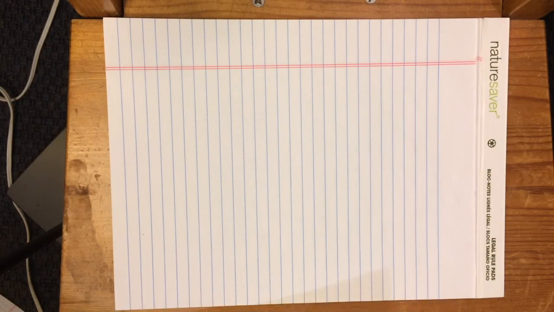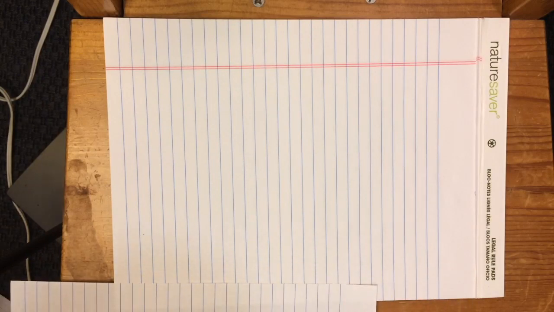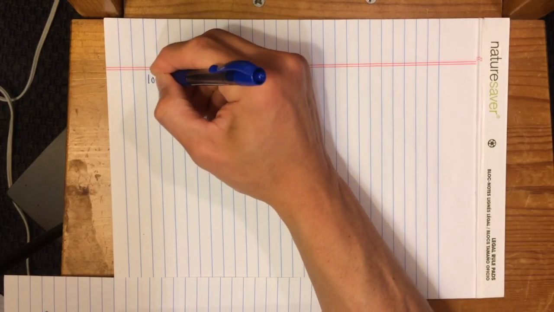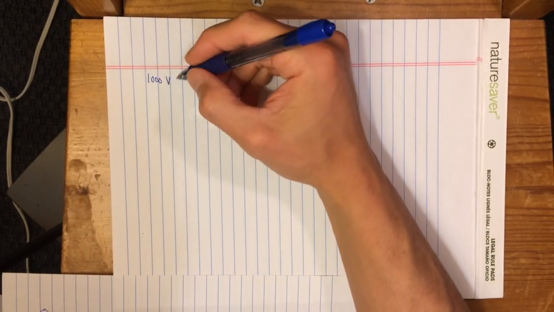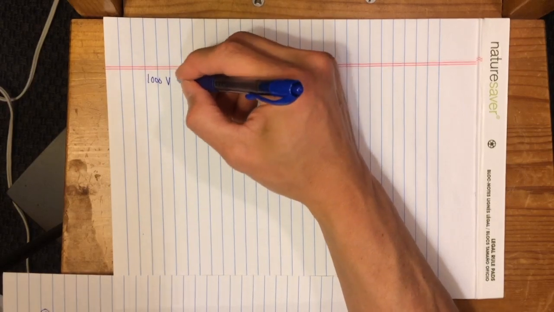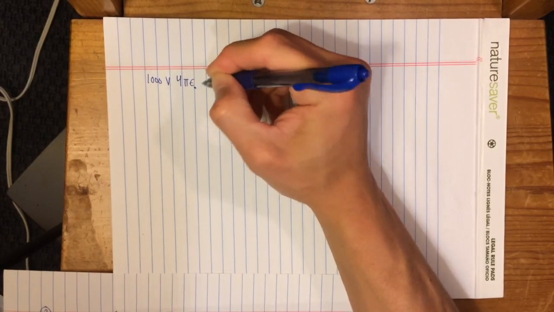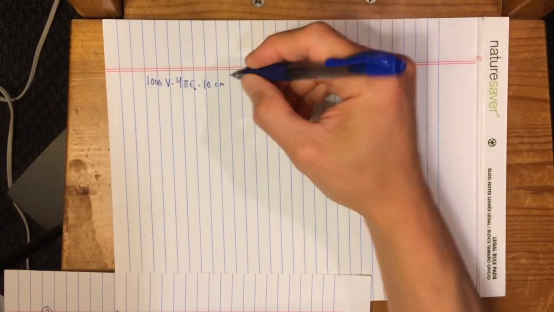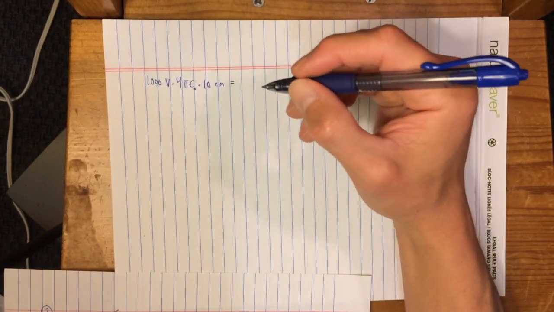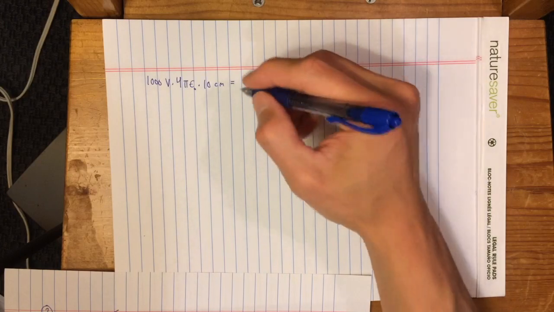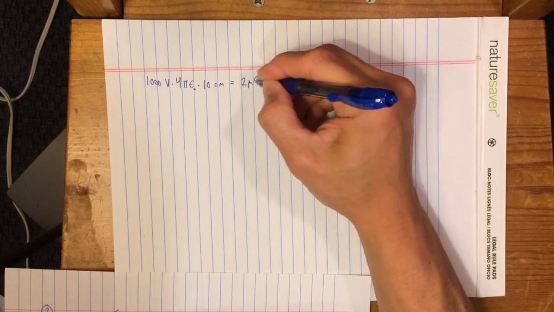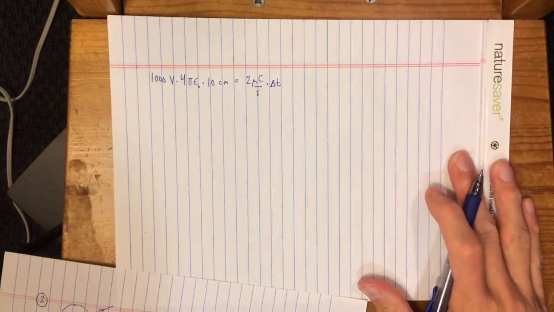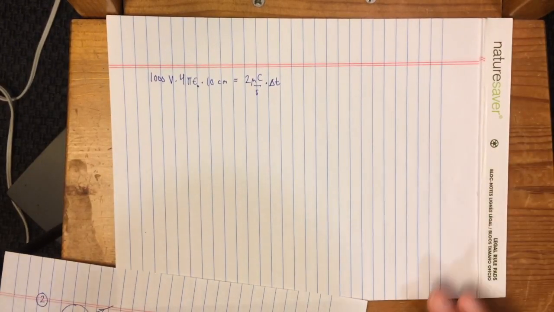I'm going to copy the expression over. So the expression is 1,000 volts times 4 pi epsilon naught times 10 centimeters, all these things, is equal to 2 microcoulombs per second times our delta T that we're interested in discovering the value of.